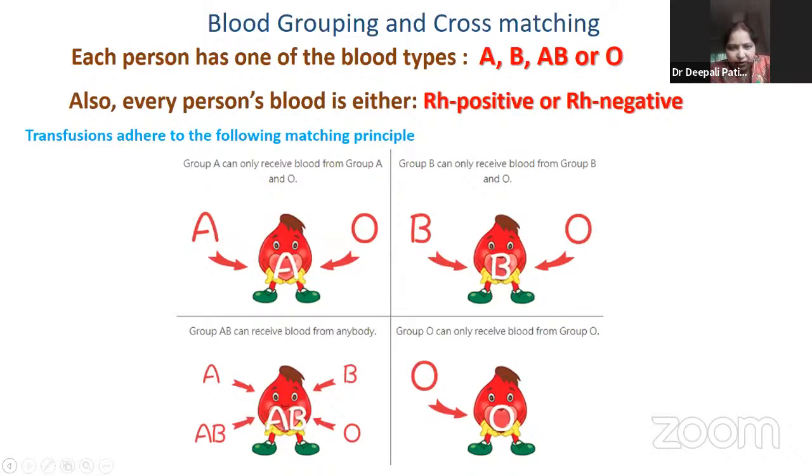We will see in this picture, the first picture where the person has blood group A. Please note the direction of the arrow.